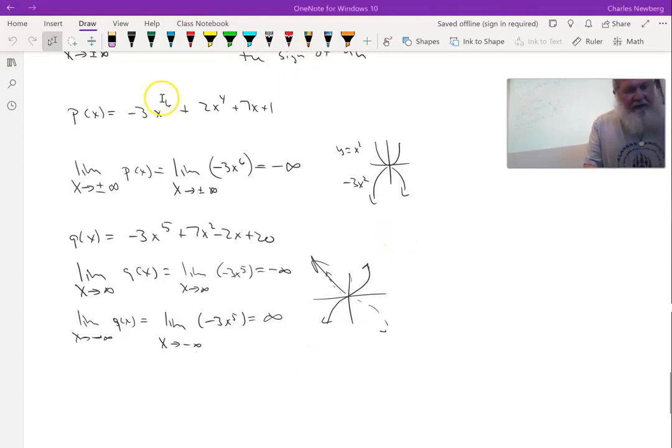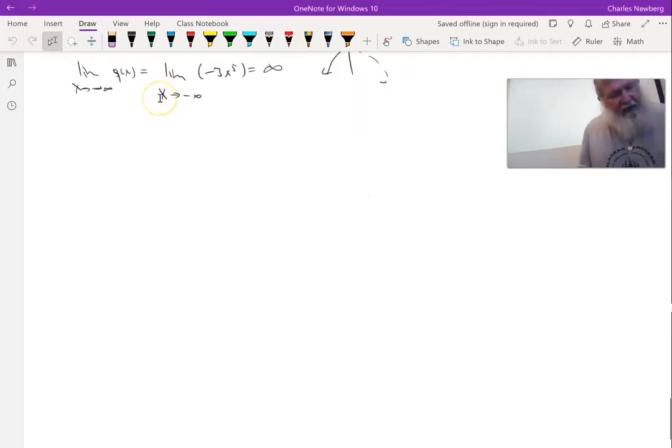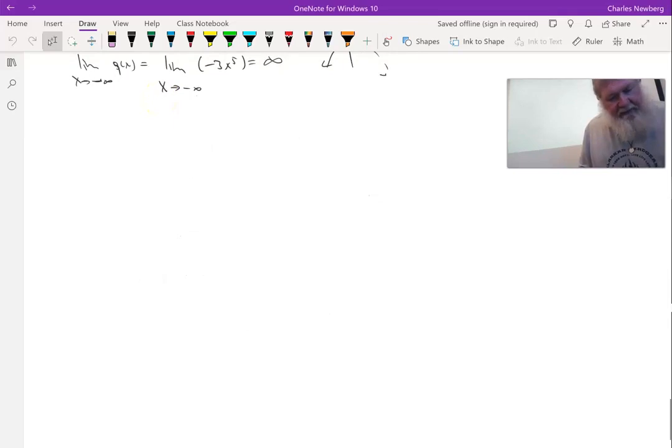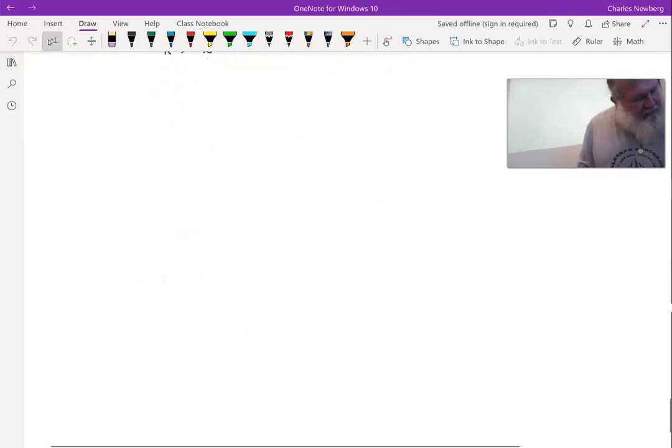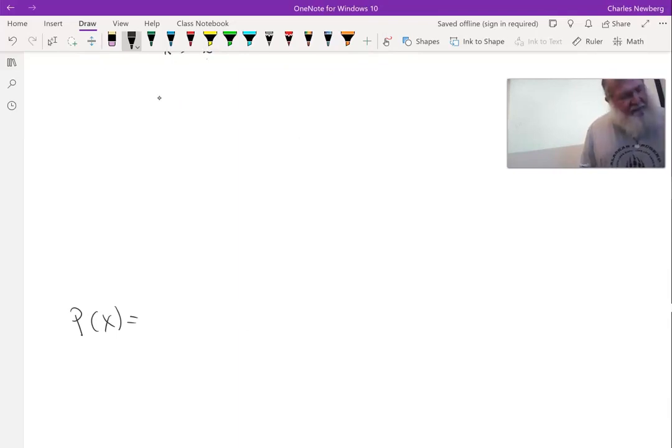So let me give you a polynomial here, and the first thing I want you to do is find me the following limits. I'm going to give you two polynomials. I'm going to call the first one P of x: minus 7x to the 17th plus 4x cubed minus 15x squared plus x plus 2.